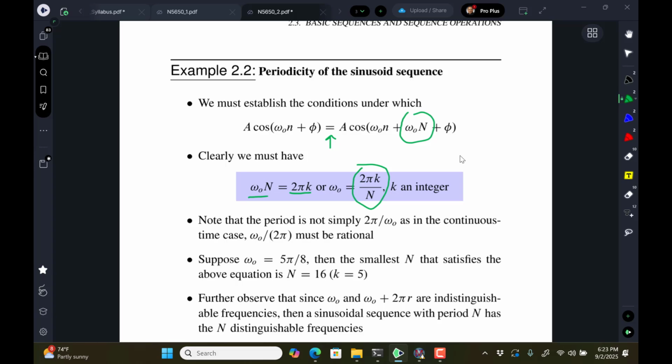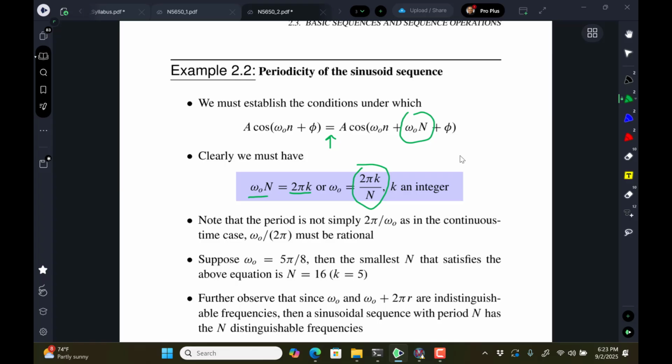Once you let k run from, say, 0 up to N minus 1, as soon as you try to create a higher frequency, you'll be able to cancel out a factor of 2 pi and you're back where you started from. Is that okay? It is the reality. And these unique frequencies form what are used in the fast Fourier transform or the discrete Fourier transform later in the course.